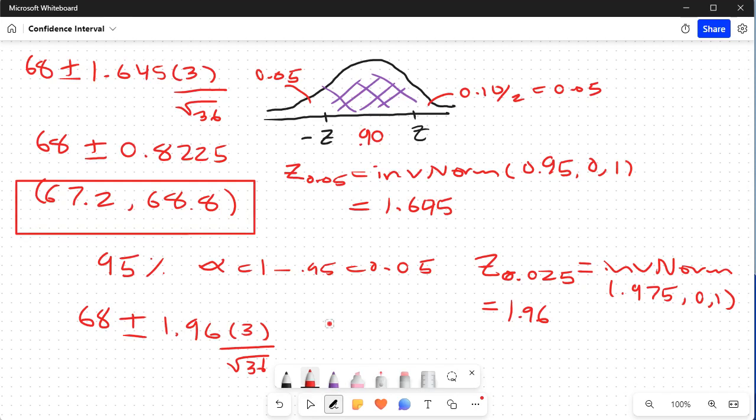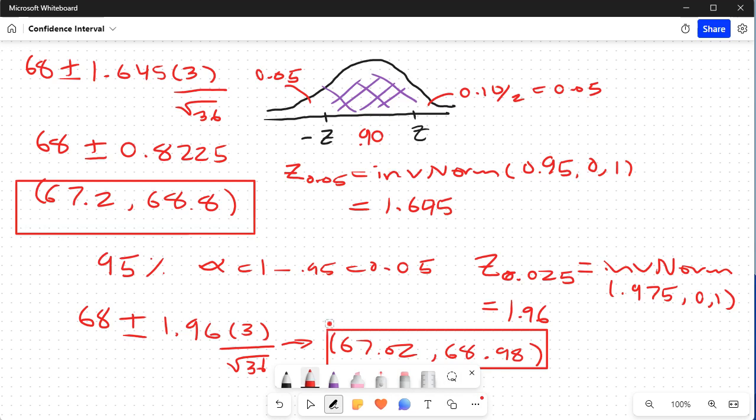So essentially we have our confidence interval at 95%, which will be 67.02 to 68.98 average.